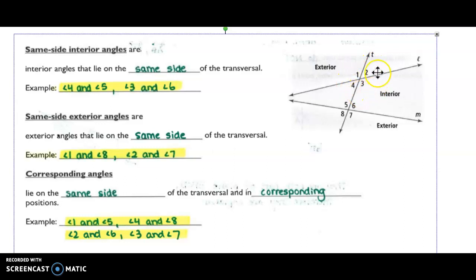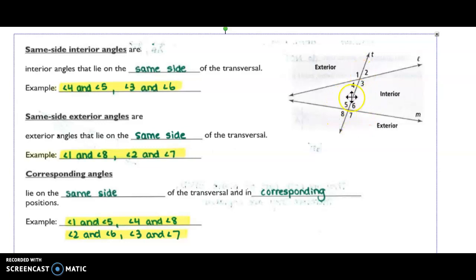What I like to think of is, look at angles 1, 2, 3, 4, and angles 5, 6, 7, 8. And the key word that I like to think about is location. Angles 1, 2, 3, 4, they're not going to be congruent, and that's fine. But out of the 4, angle 1 is in the top left position.